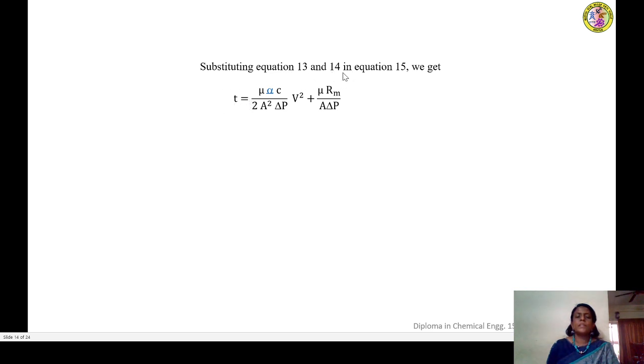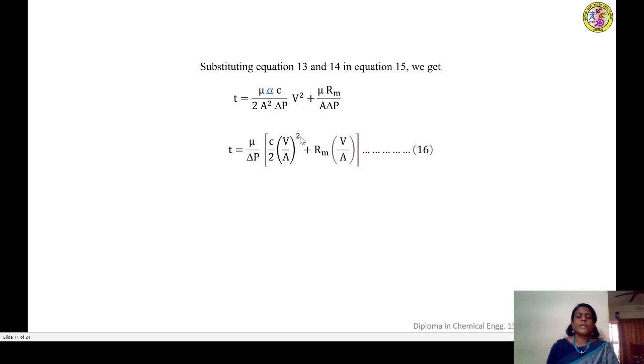Substituting equations 13 and 14 in 15, we get t is equal to mu alpha c by 2a square delta p v square plus mu rm divided by a delta p. Taking mu and delta p outside, being common terms in both parts of the right hand side, inside the bracket you get c divided by 2.